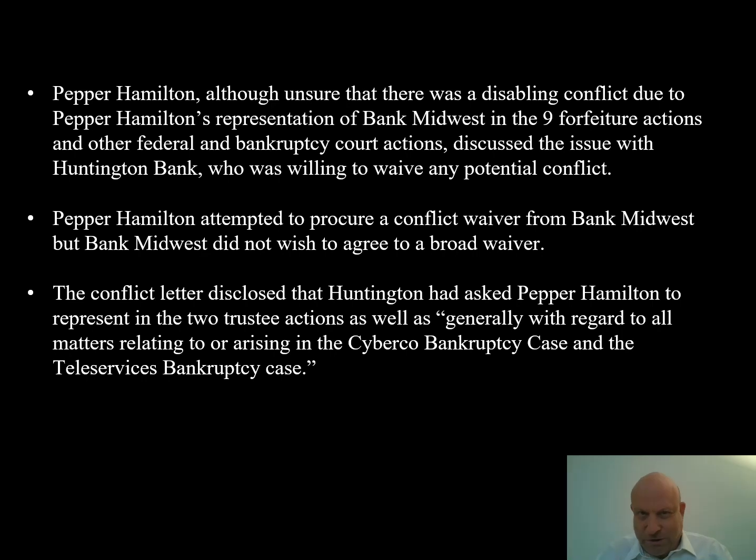I'm sure Huntington already knew that, in the forfeiture action, some other actions. And Huntington says, fine, we have no problem with that. I have some theories why they were okay with that, but anyway, they're fine with that. Great. And then Pepper Hamilton goes to Bank Midwest with a proposed conflict waiver agreement that's extremely broad, and asked Midwest to sign off on that.